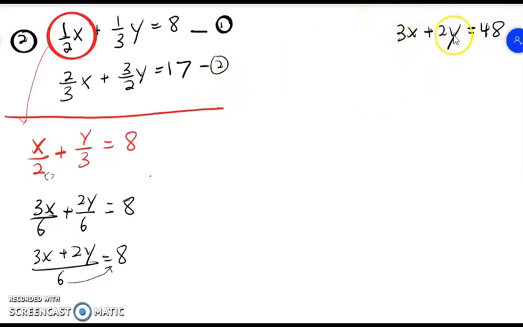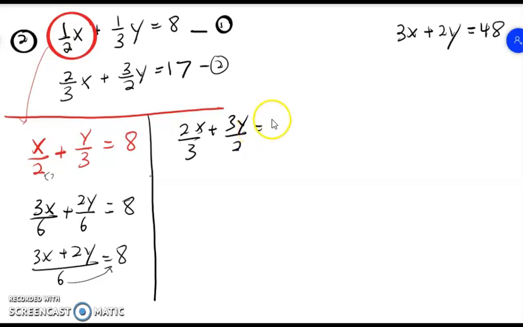Now we will do the same thing with our second equation. So here, 2x over 3, 3y over 2 equals to 17, and here multiply with 2 both sides, you get 4x over 6.